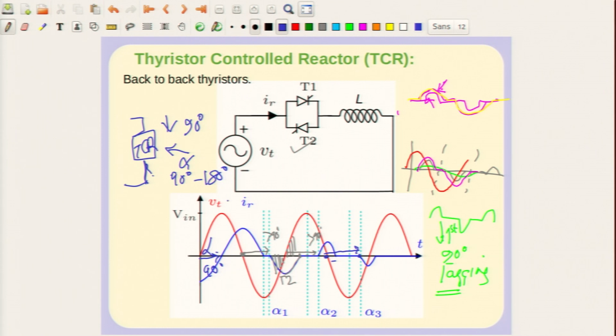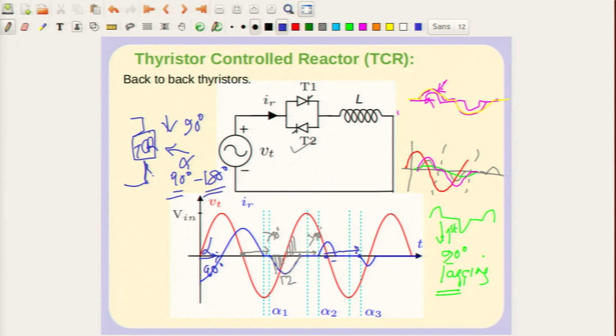If you are at 180 degrees, there is no conduction, because you are firing it at this point. When you integrate from this point, there will be no current, because the voltage is just 0 here. So, you will have the maximum amount of current in case of 90 degrees conduction, and minimum conduction when it is 180.